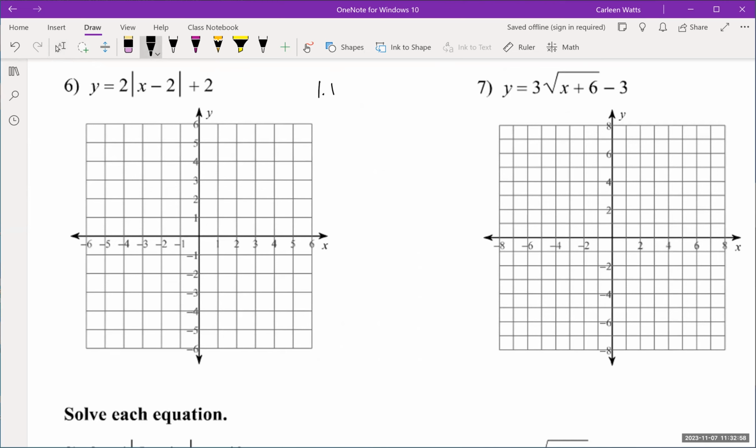Parent graph. Absolute value makes a V. Notice the parabola x squared has a curved bottom and the absolute value is a V. It comes to a point.